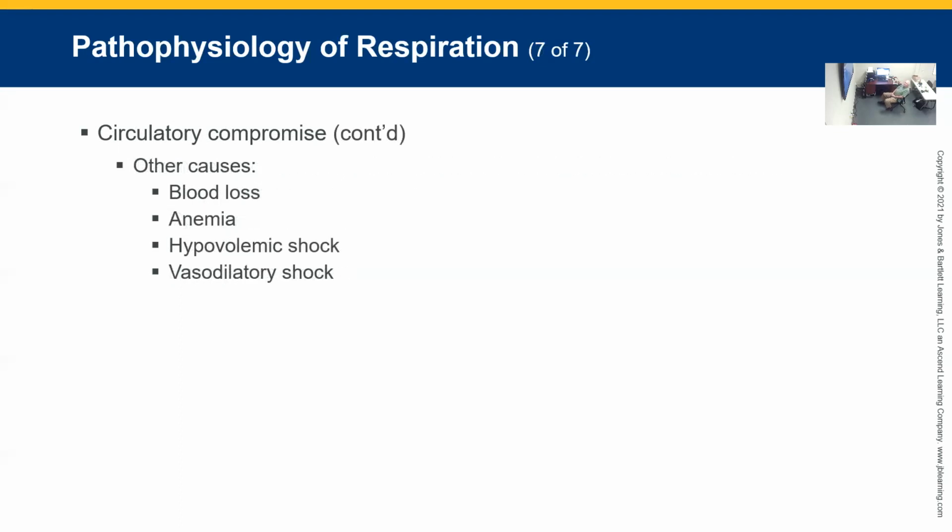So other things, again, blood loss. Anemia is lack of iron. You have to have iron in order to have hemoglobin. Hemoglobin is the oxygen carrying part of the blood.